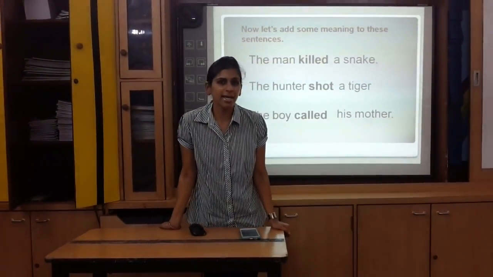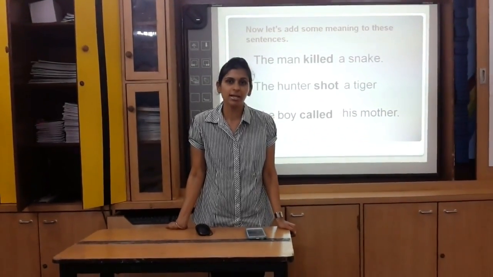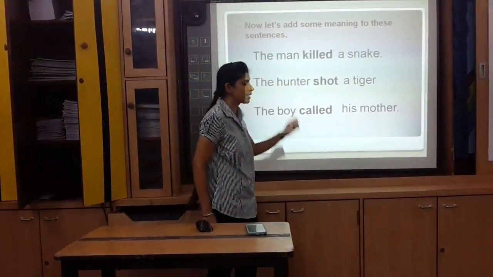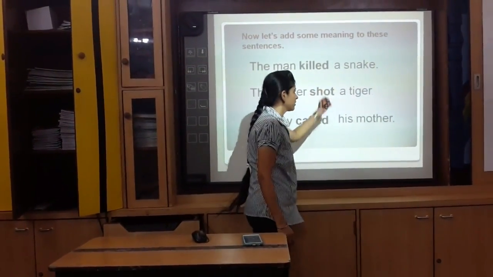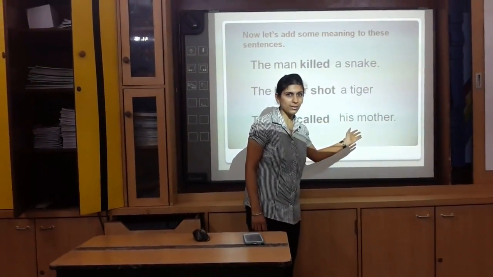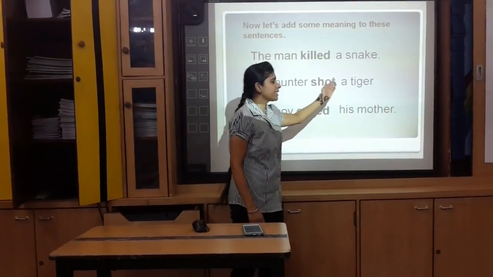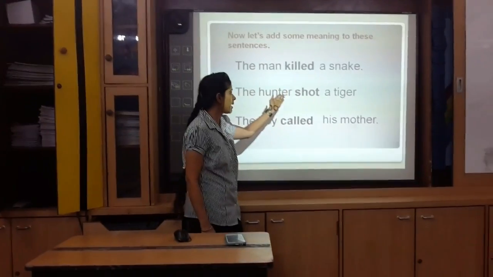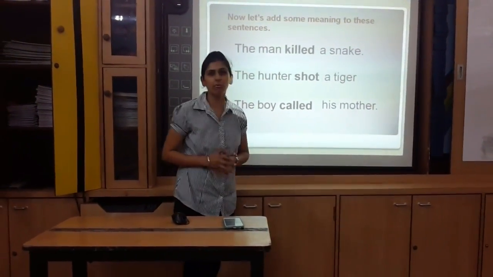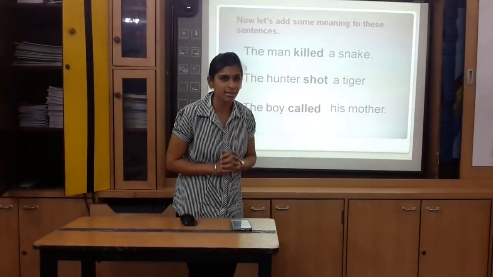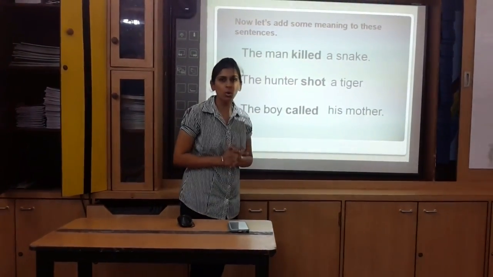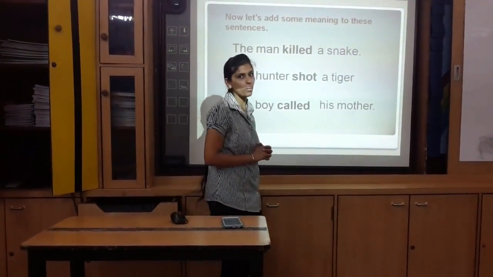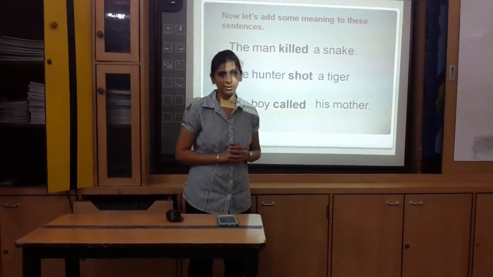By adding some words to these sentences, they now sound much more meaningful. If you look at the highlighted words like snake, tiger and mother, these words can be taken as the objects of the verbs. For example, if I ask, the man killed what? There is an answer: a snake. The hunter shot whom? The answer is a tiger. The boy called whom? The answer is his mother.